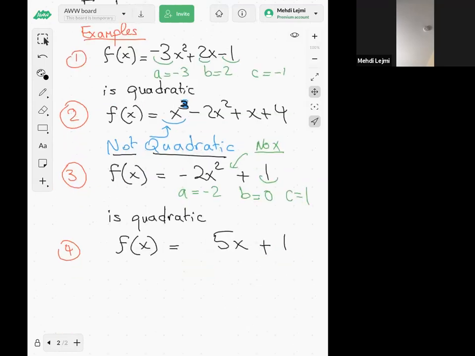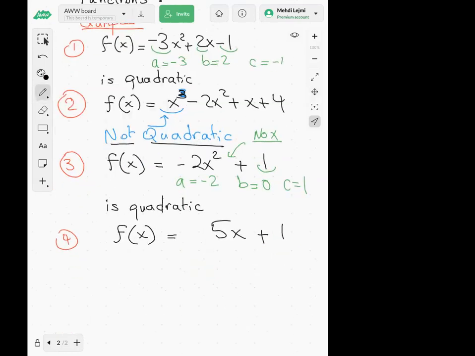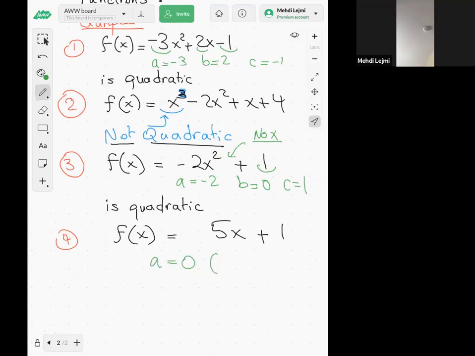Your a is 0 because there's no x squared, and that's a problem. Then this is not a quadratic function actually. This kind of function is called a linear function. So this is not a quadratic function, because your a is 0. If there's no x squared, then it's not a quadratic function, right?